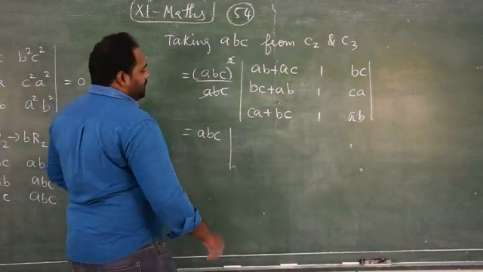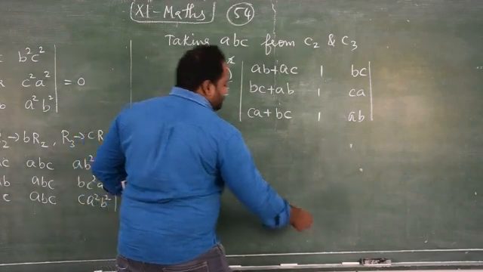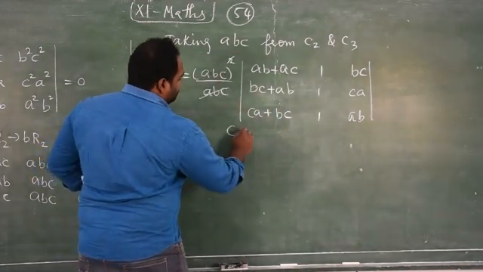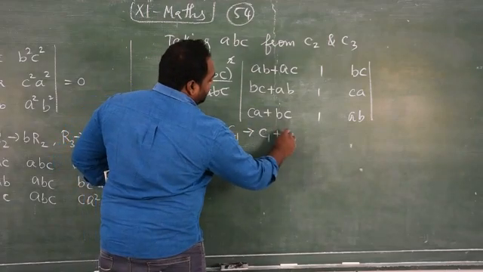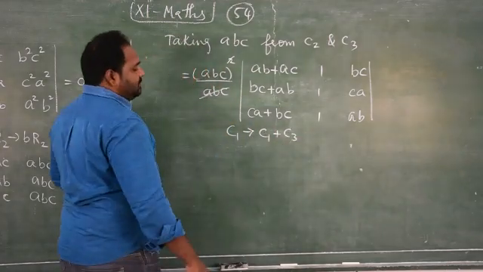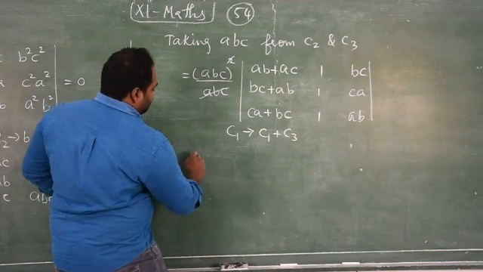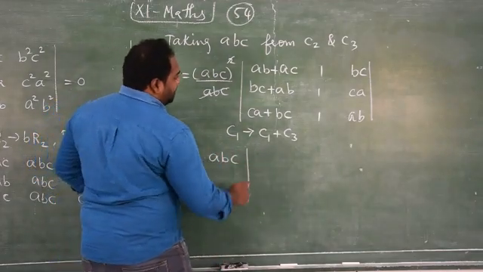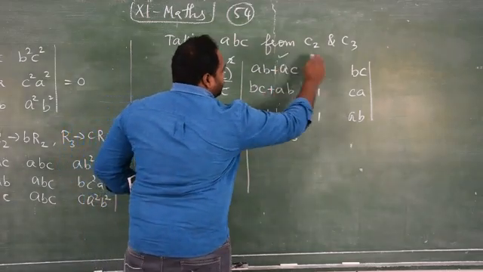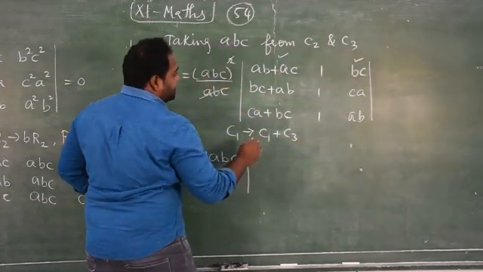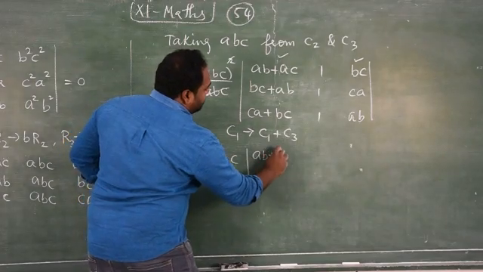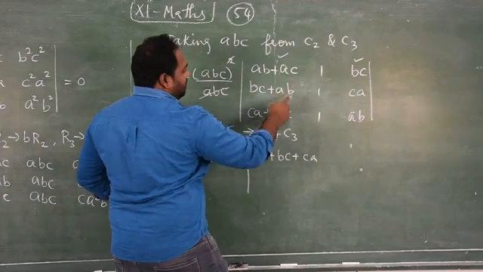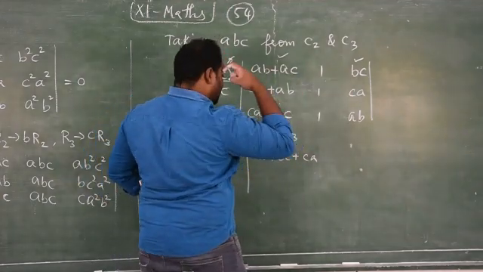Okay, now before that, I am going to make one more change here: C1 becomes C1 plus C3. I am adding C1 and C3 here. Outside is only ABC. If I add C1 and C3, I get AB plus BC plus CA.